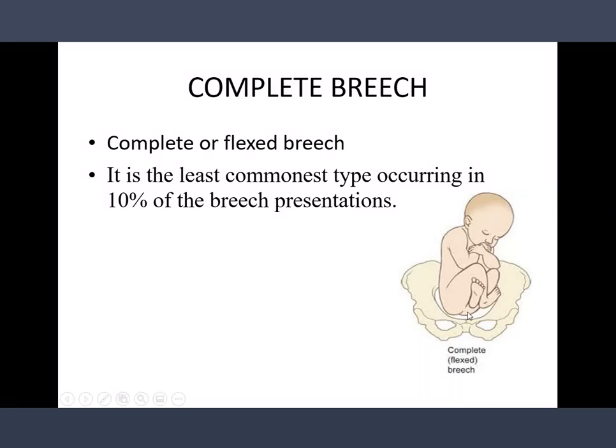Presenting part consists of two buttocks, external genitalia and 2 feet. So when we do PV, we can palpate external genitalia, buttocks and feet. So remember, presenting part in complete breech is external genitalia, 2 buttocks and 2 feet.